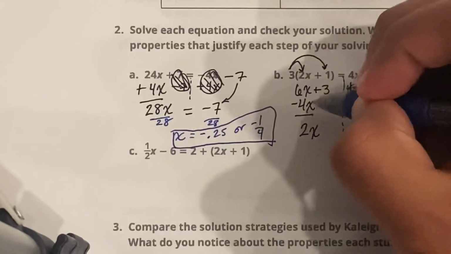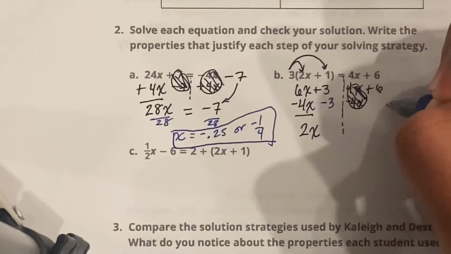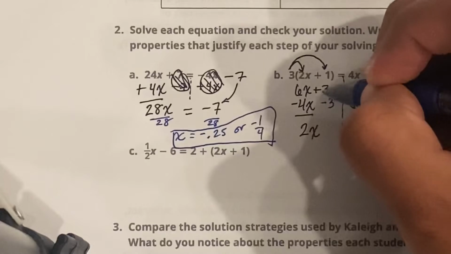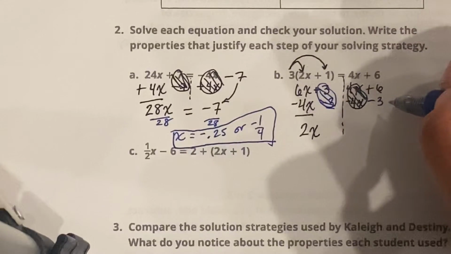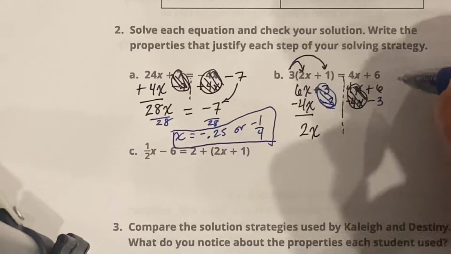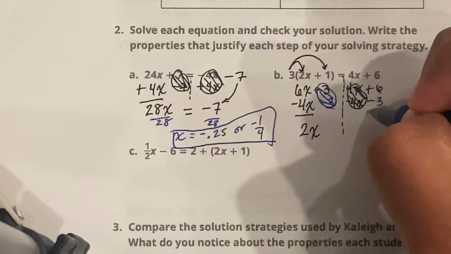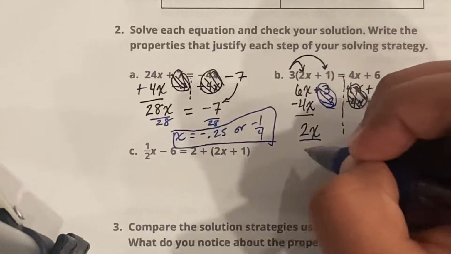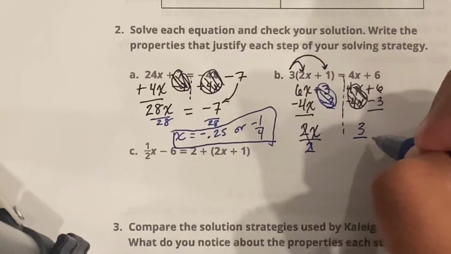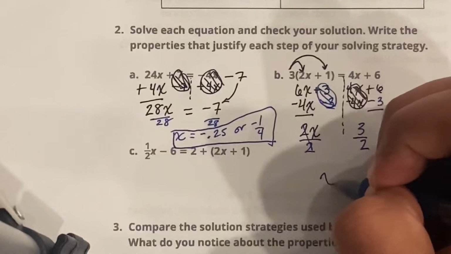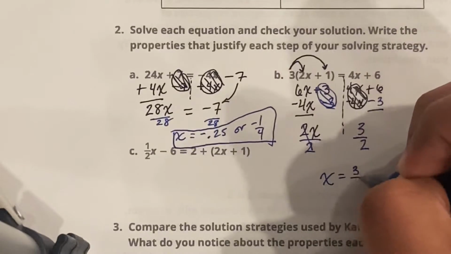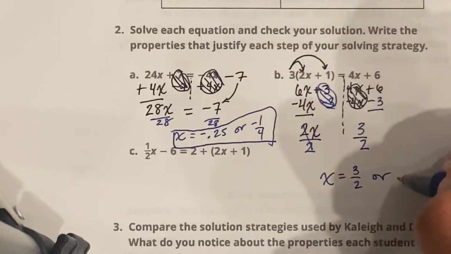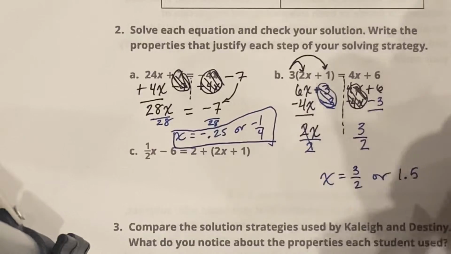Got to move this 3 over here, subtracting it. That disappears. 6 minus 3 does give me 3. Divide by 2. X equals 3 over 2. Or 1.5.